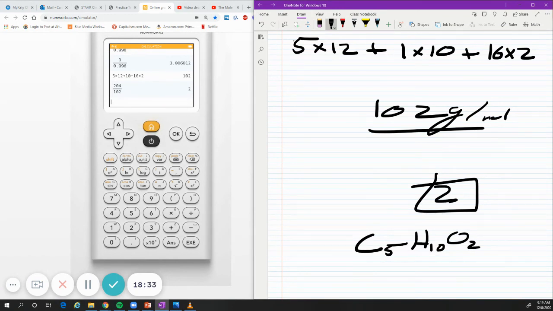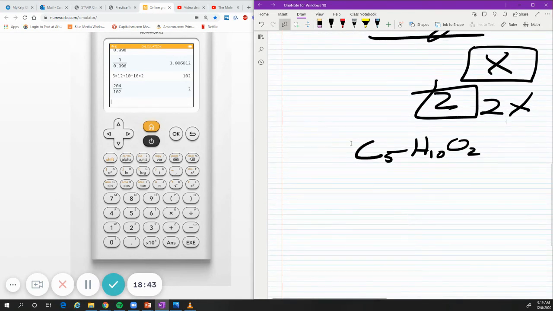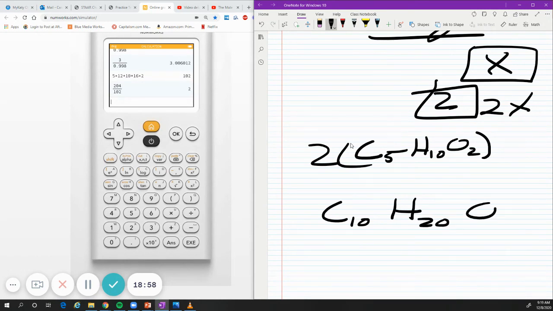But this number is basically saying that whatever compound X is, it is twice as heavy. So it's 2X, right? All I need to do now is multiply this whole thing by 2 to figure out what X actually is. In this case, for carbon, there's really 10 of them. H, it's really 20 of them, and oxygen is 4 of them.